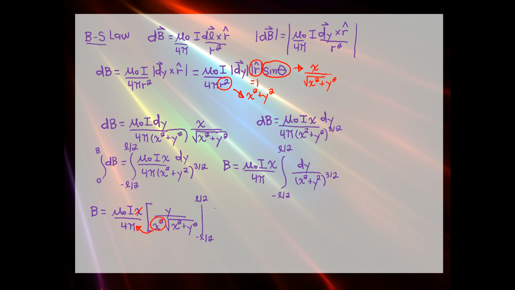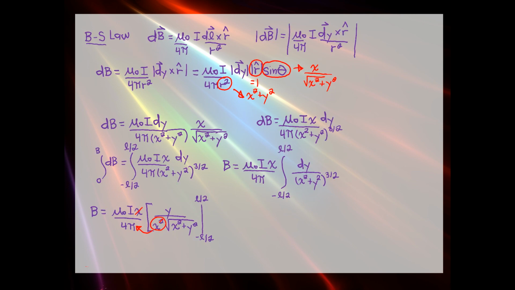So we can then write this as B would be equal to mu naught I over 4 pi times x, because it was x over x squared. And then we can just evaluate what's left here. So what's left is y over the square root of x squared plus y squared, and we're going to replace the value of y.